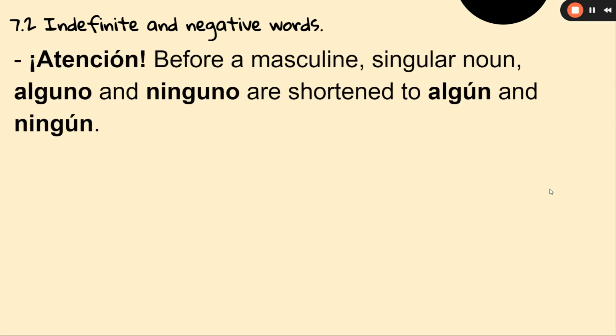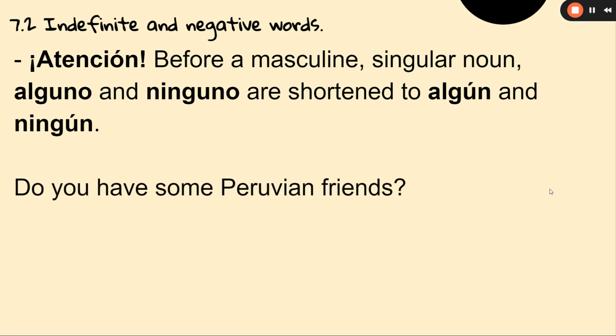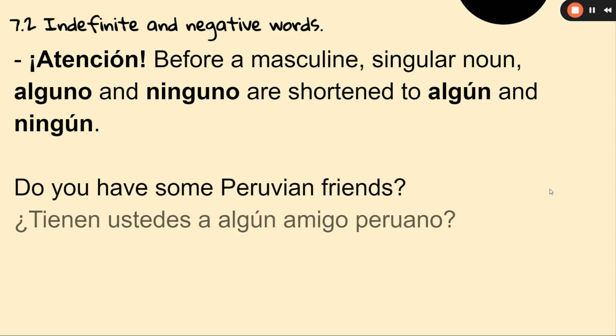Before a masculine singular noun, alguno and ninguno are shortened to algún and ningún, just like I was telling you a minute ago. Do you have some Peruvian friends? ¿Tienen ustedes...? Now, could it have been ¿tienes tú algún amigo peruano? Okay? Because it's talking about a person, it's got the a.